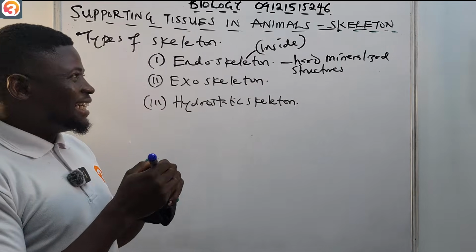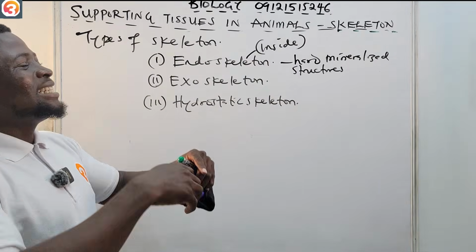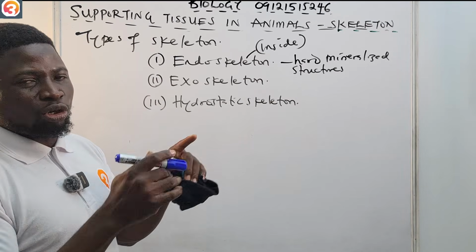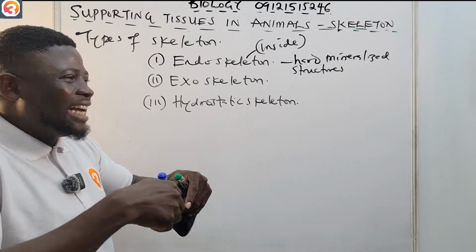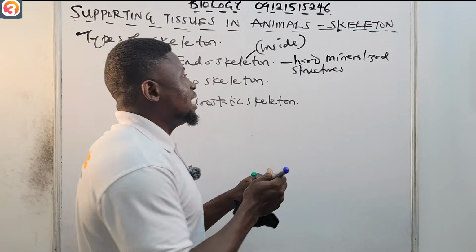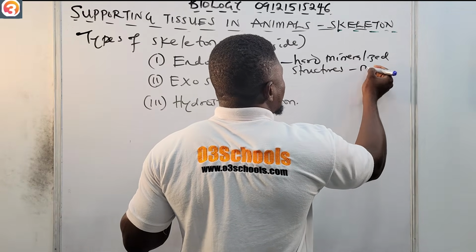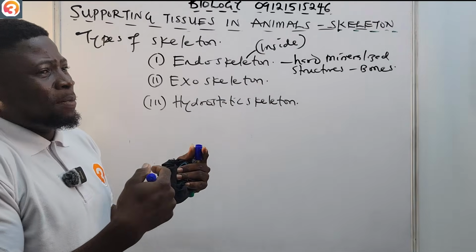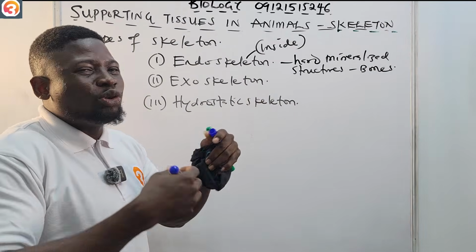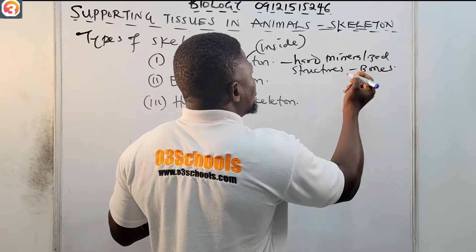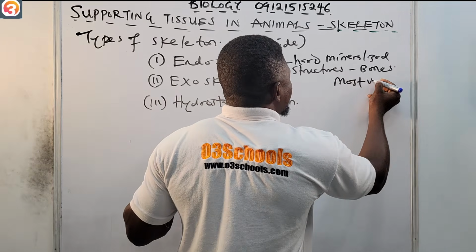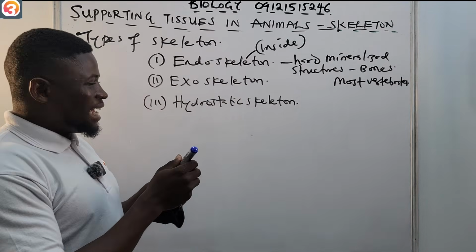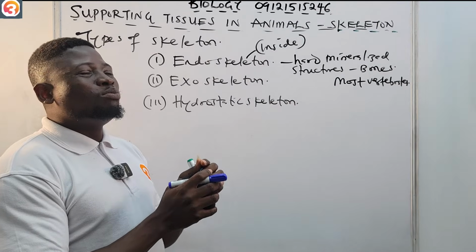It is made up of hard mineralized structures located inside the body of the organism, and they are usually made up of bones. You can find the endoskeleton in, for example, most vertebrates.